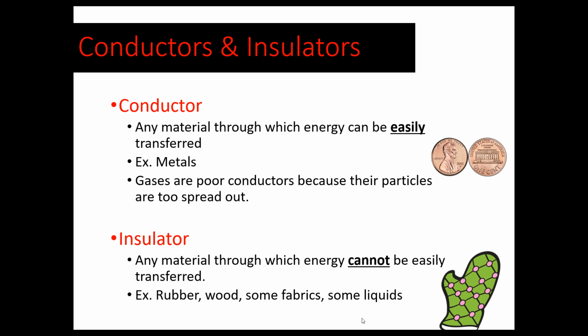Gases, on the other hand, are very poor conductors because their particles are too spread out. Now, great insulators would be things like rubber, wood, some fabrics. So think of an oven mitt. Some liquids can also be good insulators, but insulators are any material where energy or electricity cannot be transferred very easily. Doesn't mean it can't be transferred at all, but not very easily.